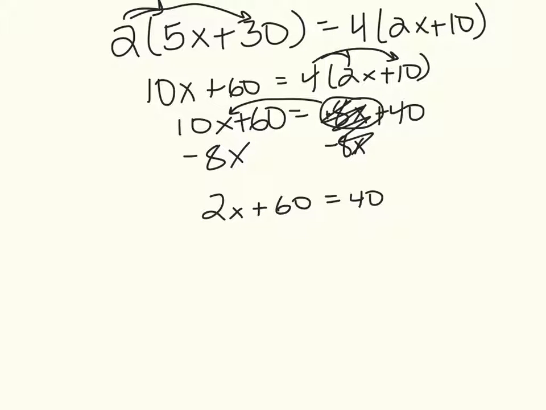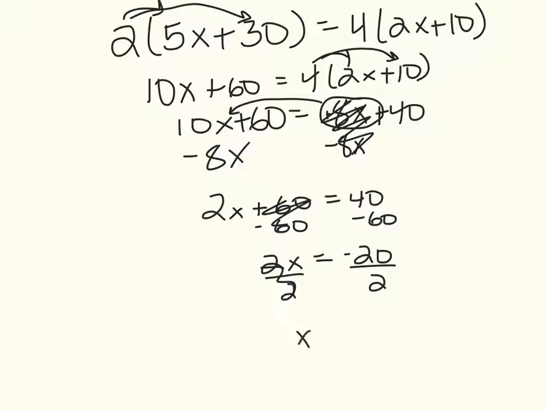Well, the opposite of plus 60 is minus 60 on both sides. And I rewrite my problem. Let's see, 40 minus 60, negative 20. You're welcome to use a calculator. The opposite of times 2 is divide by 2. And I get x equals negative 10.